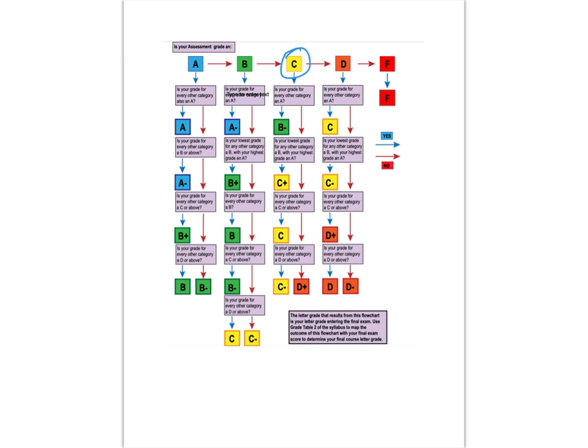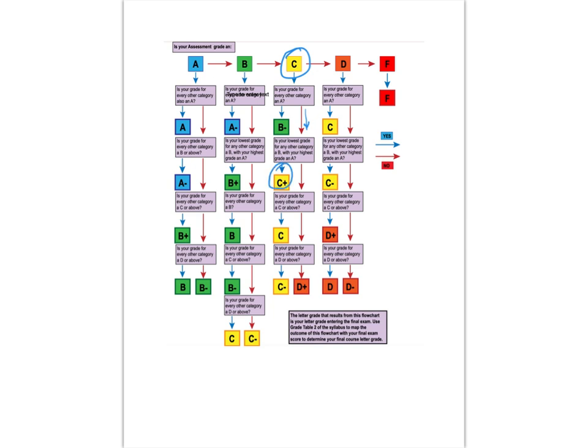So the blue arrows represent an answer of yes, the red arrows represent an answer of no. And so we would go down here because she had some things in the B and some things in the A. And so is your lowest grade for every other category a B with your highest grade in an A? The answer to that is yes. And so she's at the C+.